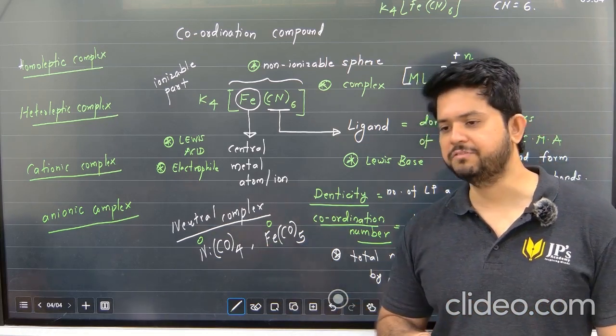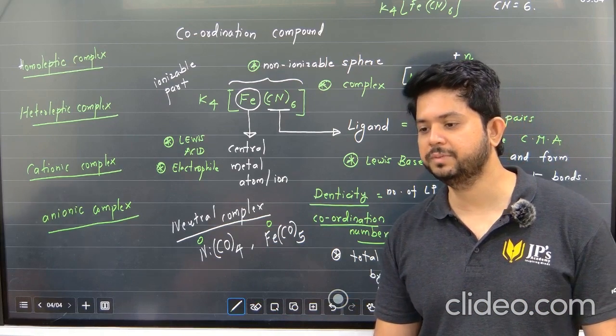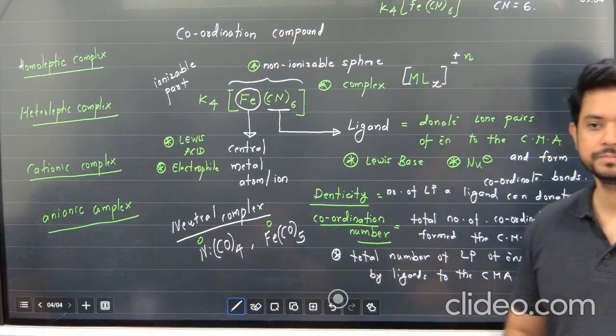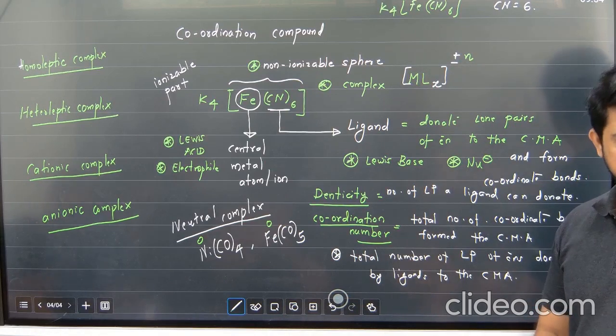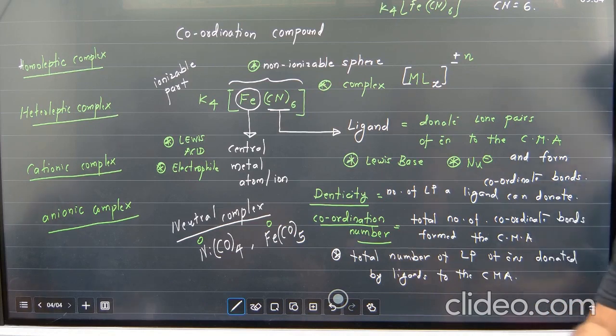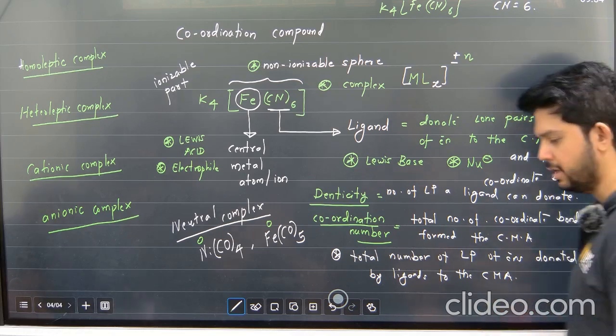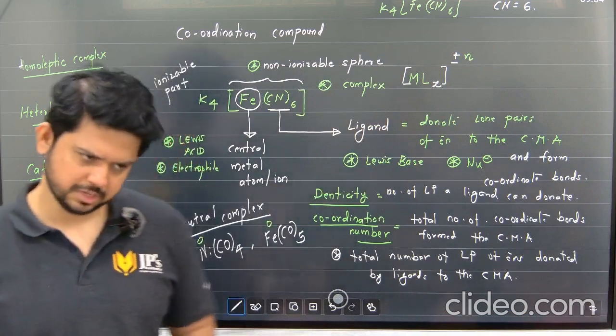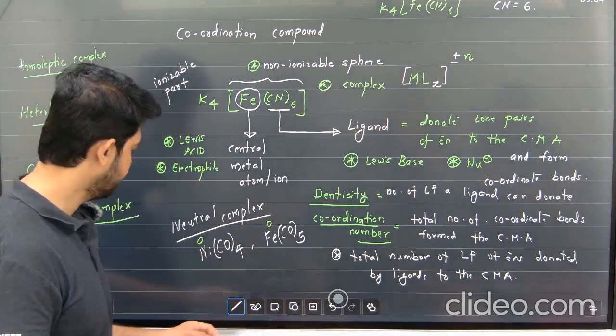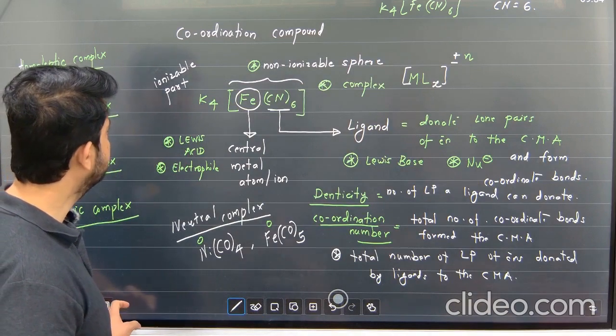And what about here? Fe(CO)5, sp3d, geometry will be trigonal bipyramidal. In the second, third or fourth lecture of this chapter, we will do isomerism in coordination compounds, geometrical and stereo isomerism, everything will come. So let's continue.